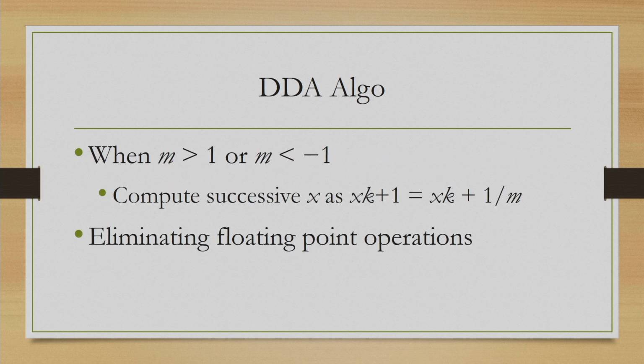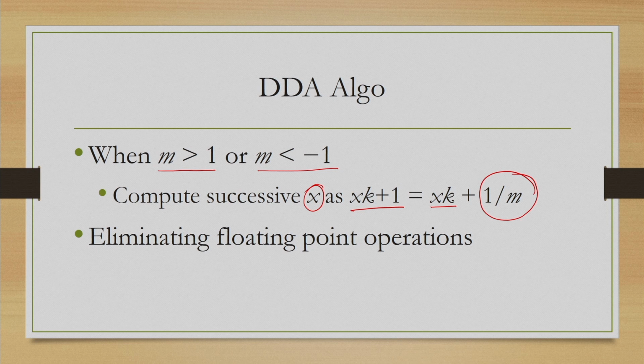Now, as I said earlier, slope is an important consideration here. So, when the slope is not within the range, that means the slope is greater than 1 or less than -1, then we do not compute successive y values, instead we compute x values, again in a similar way, that is new value is the old value plus a constant term, which in this case is 1 by m, earlier it was only m.